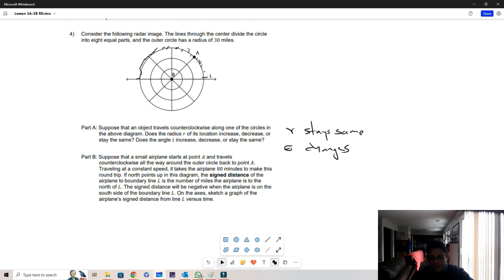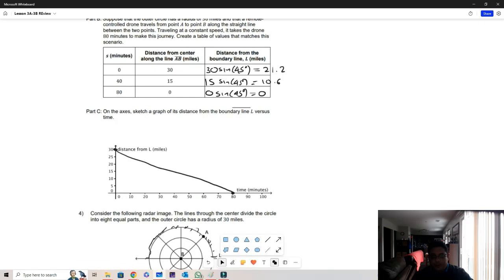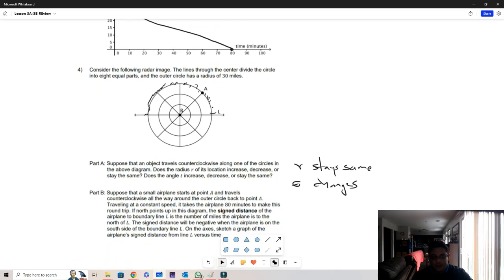And so if north points up in this diagram, the sine distance of the airplane to the boundary line L is the number of miles the airplane is doing. But notice that this is a full circle over here, and this is starting at this point. Remember, this is 45 degrees. So this is 30 sine 45, which is 21.2.